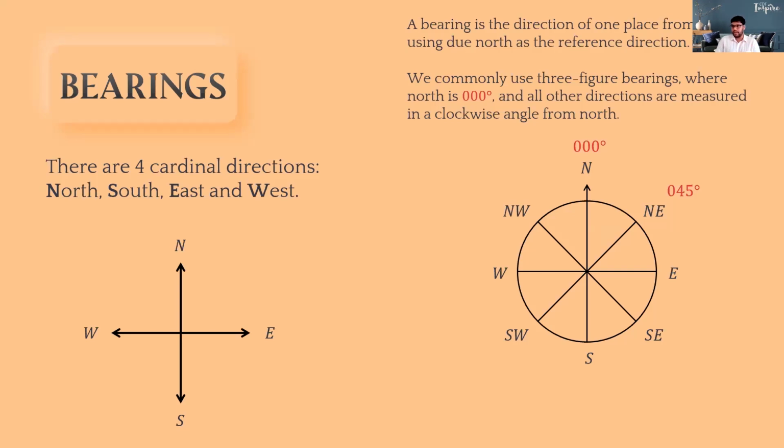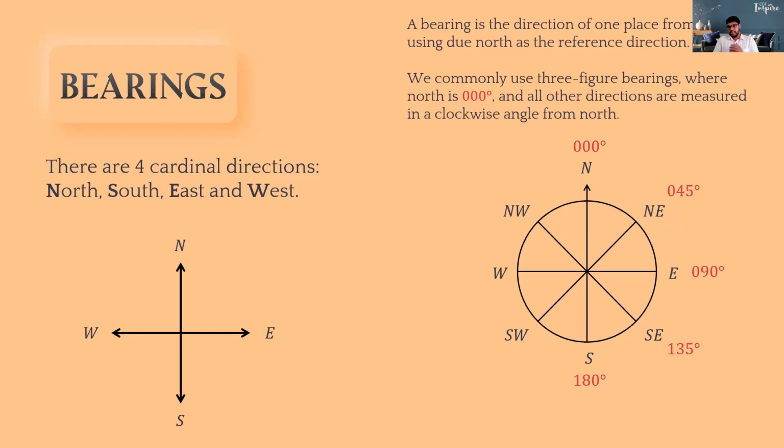The bearing is 45. If we go to east, that is 90 degrees from north, children, right? If we keep going another 45 degrees from east, we go to 135 degrees and that is southeast. If you keep going another 45 degrees, children, you get to 180 degrees. That's a straight angle. Remember, a straight line has an angle of 180 degrees.